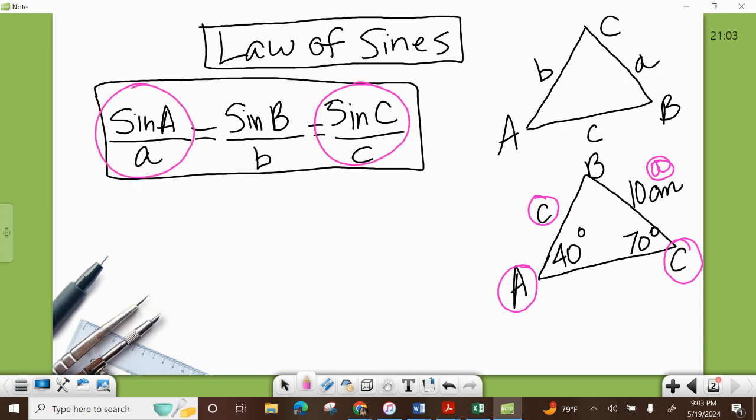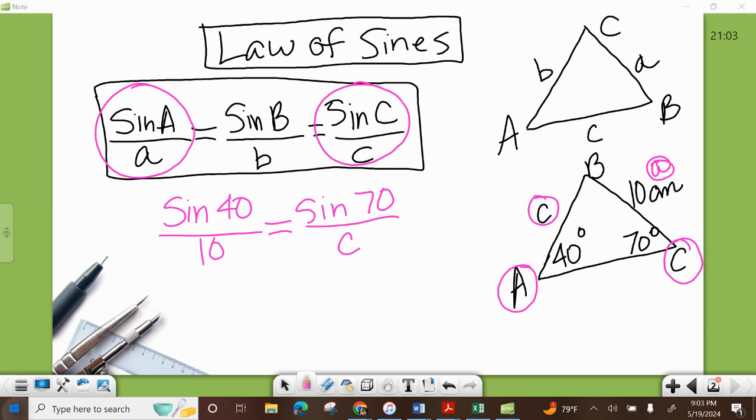Now the sine of A, that means I'm going to be taking the sine of 40, and I'm going to divide it by the length of A, which is 10. And then I'm going to take the sine of C, which is 70, and divide it by C, which I don't know. And this is going to be a case of solving a proportion. And we've solved proportions. That's your cross multiplication and then divide when necessary.